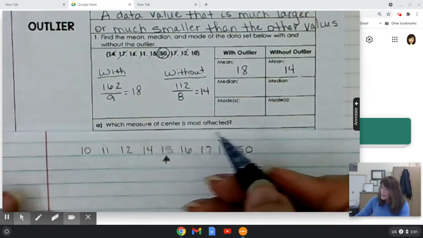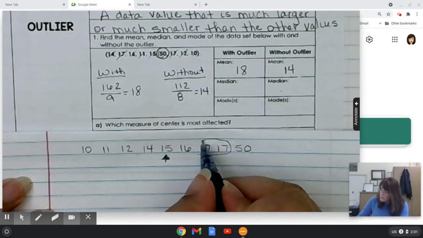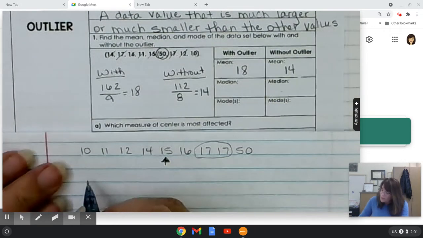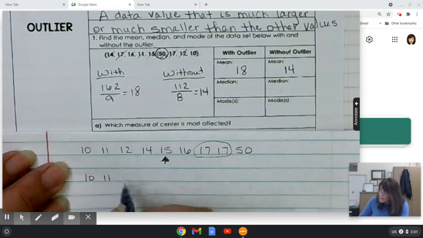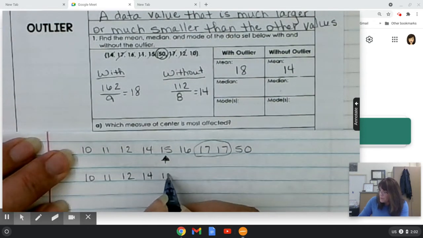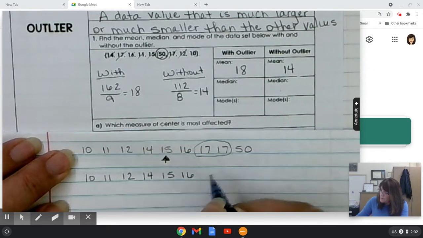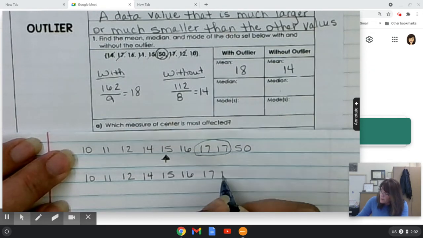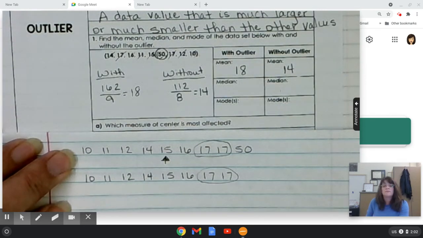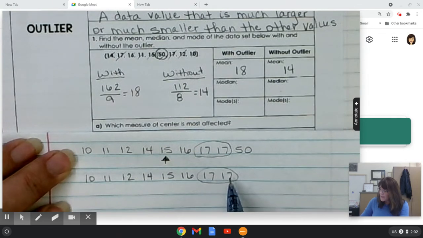Okay? And the mode is right here. So I have a median and a mode. If I wrote that list again, but didn't put the outlier in, I have the same mode. That didn't change. But now I only have 8 pieces of data.